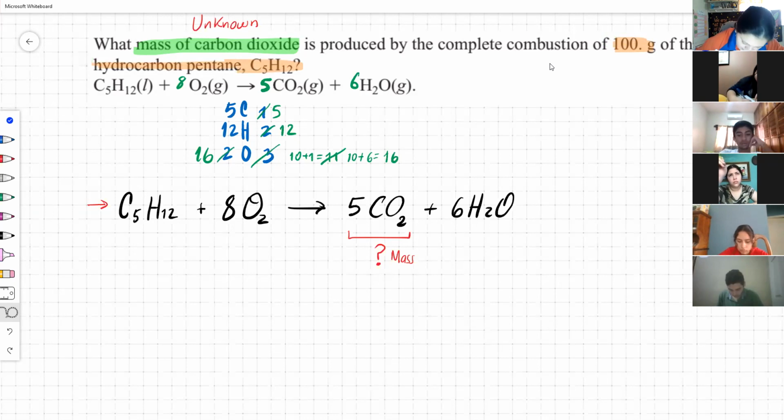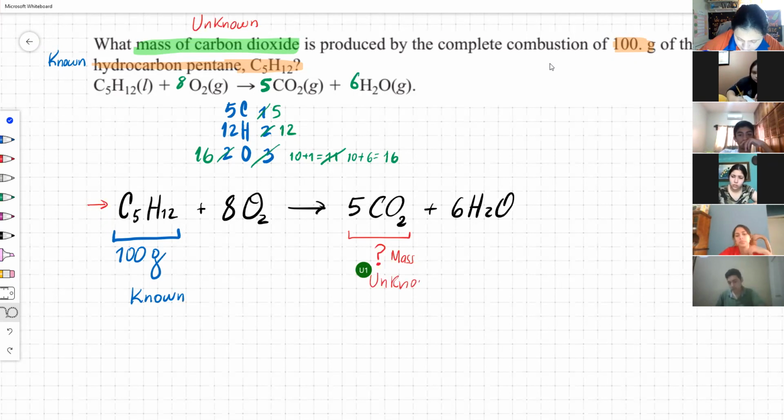So my given is this one, okay? This is my known. And it's 100 grams. Okay, so far we're cool, right? So this is the known, and this is the unknown.